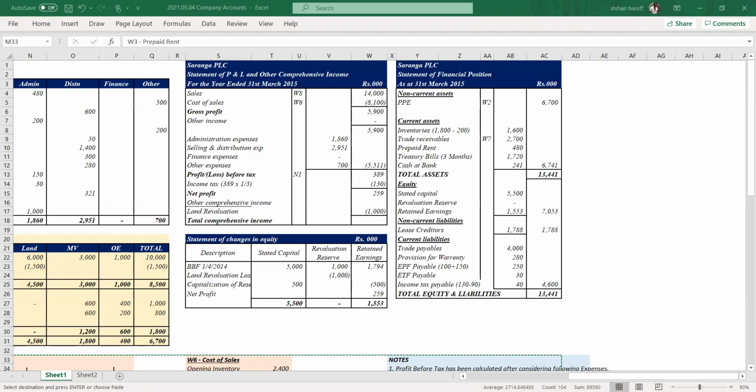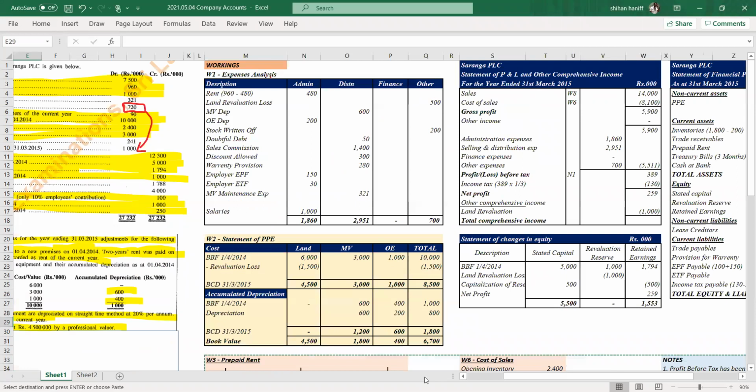So in the next class, I'll explain some of the other adjustments. Basically now we did inventory, accruals, PPE depreciation, the revaluation part. In the next class, I'll explain the remaining adjustments. Okay. There are some doubts.